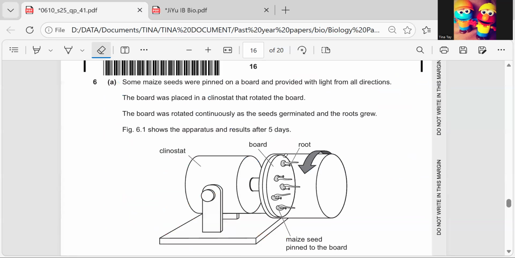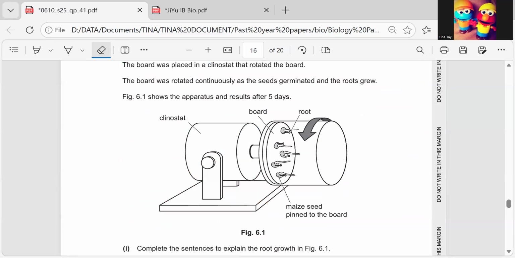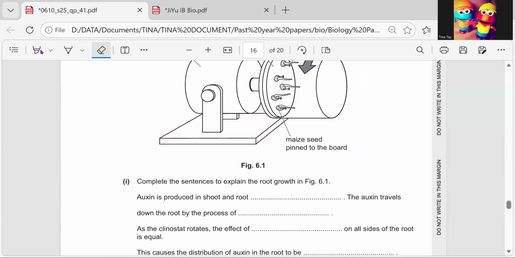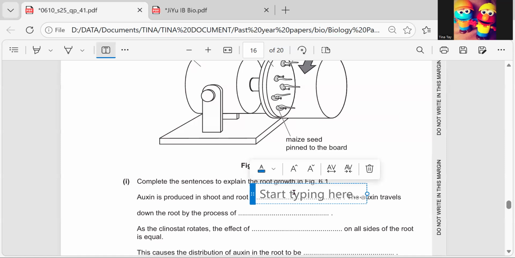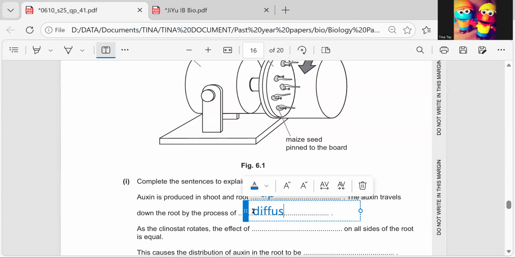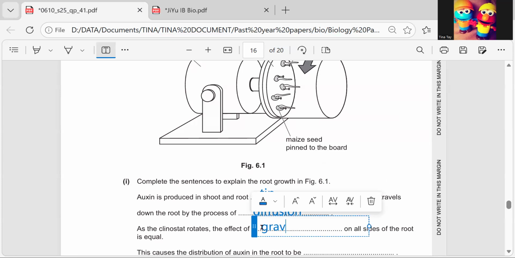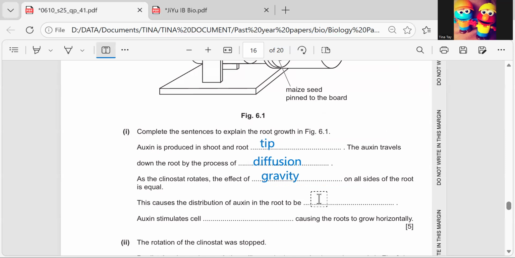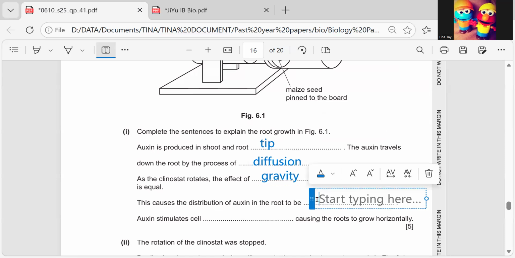Some maize seeds are pinned on the board and then rotated. Auxin is produced at the root and shoot tip. The auxins travel down the root by the process of diffusion. The clinostat rotates, so the effect of gravity on all sides is equal. This causes the distribution of the auxin in the root to be equal.